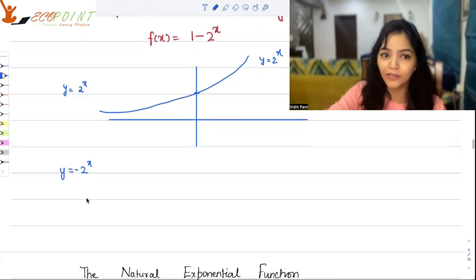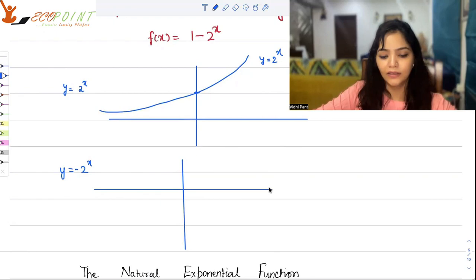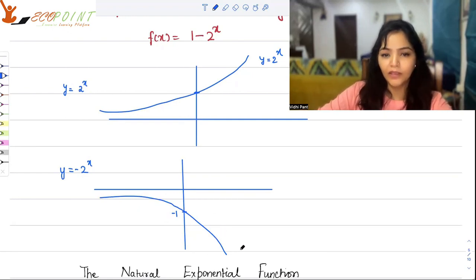So that's going to be something of this sort. Suppose this is your x-axis. Reflection means you will get minus 1. It's going to intersect somewhere at minus 1, coming like this. So it's sort of a reflection you can see here. This is y equals minus 2 to the power x.